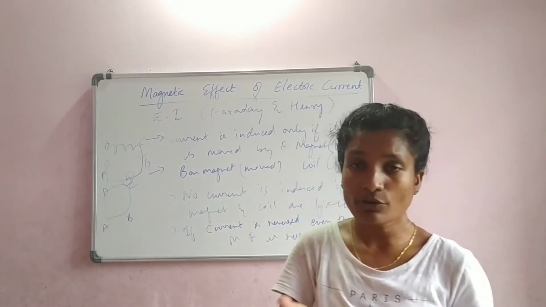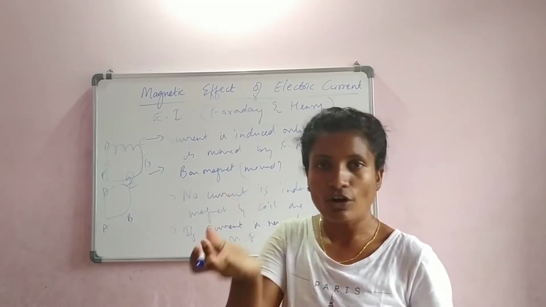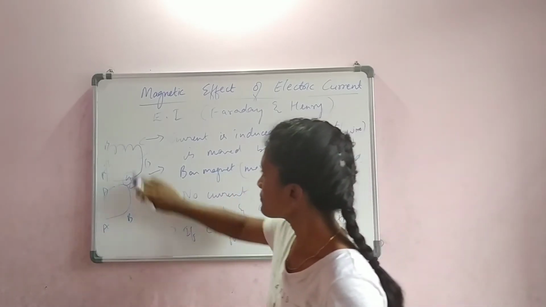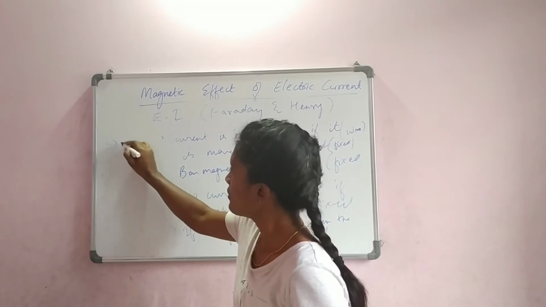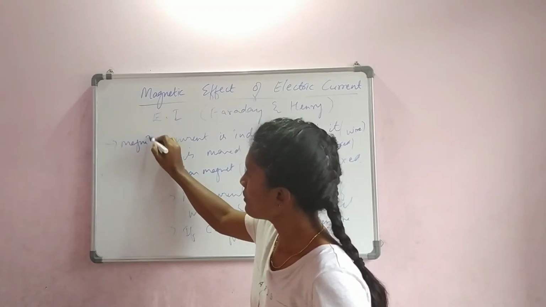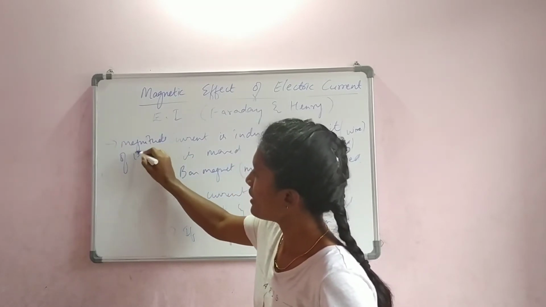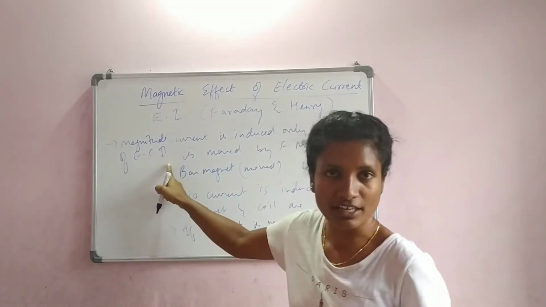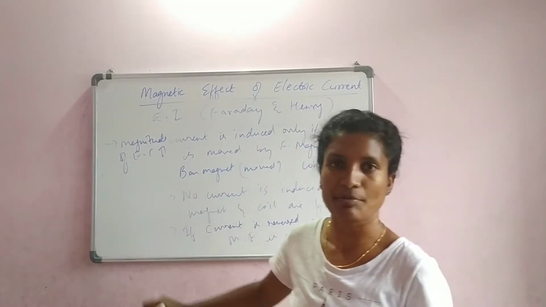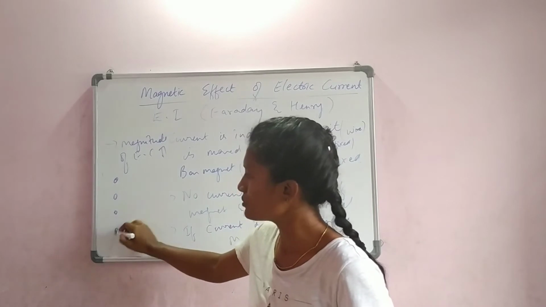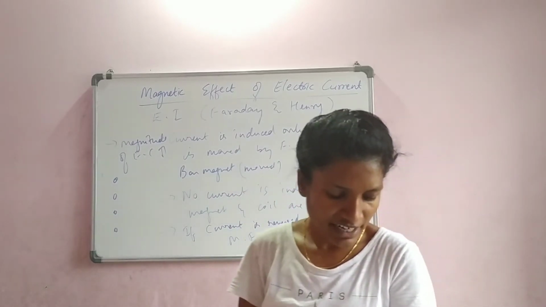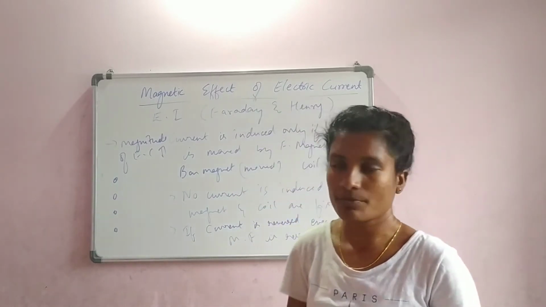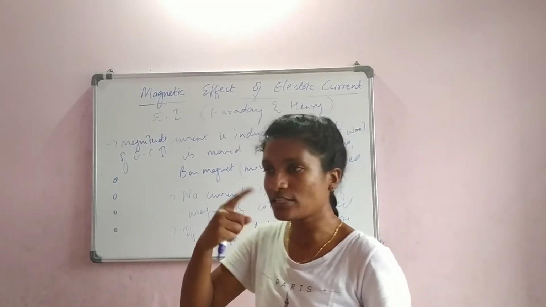So in order to increase the magnitude of electric current, some changes have to be made in the experiment. What are those changes? First, by winding the coil on a soft iron core. So the coil has to be wound.